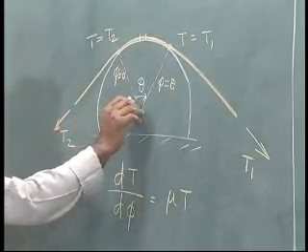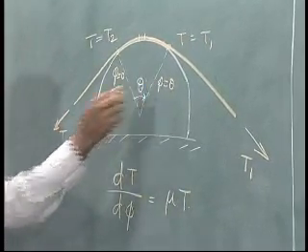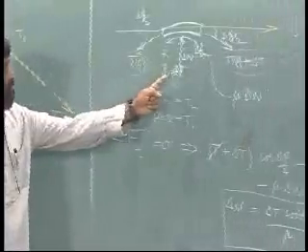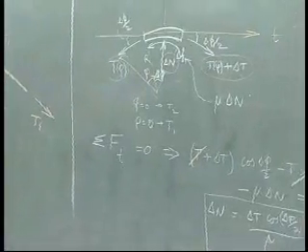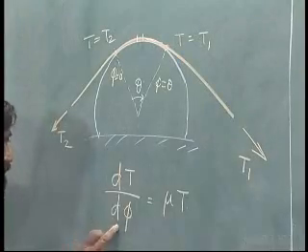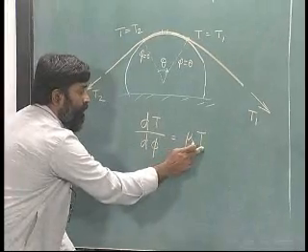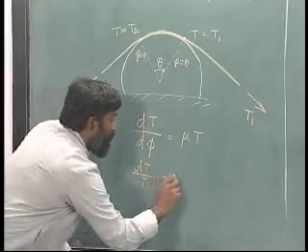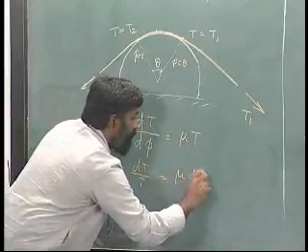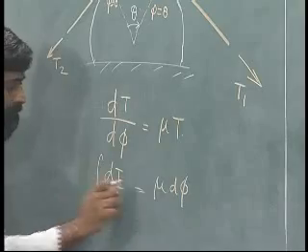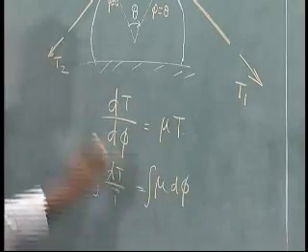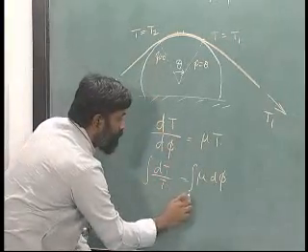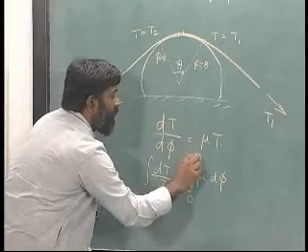We have started from here and we are going to this, as you can see over here. I can take d phi over here, get t over here, so that I get dt by t equals mu times d phi. Integrating, this limit is from phi equal to 0 to theta.